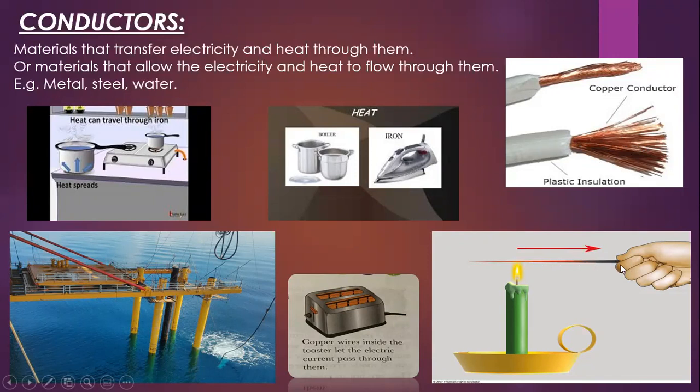If he holds it for some time, then it will become hot up to here because the heat is transferring from this side to that side. It means this needle or the stick of iron is a conductor of heat. This means a conductor transfers heat or electricity.